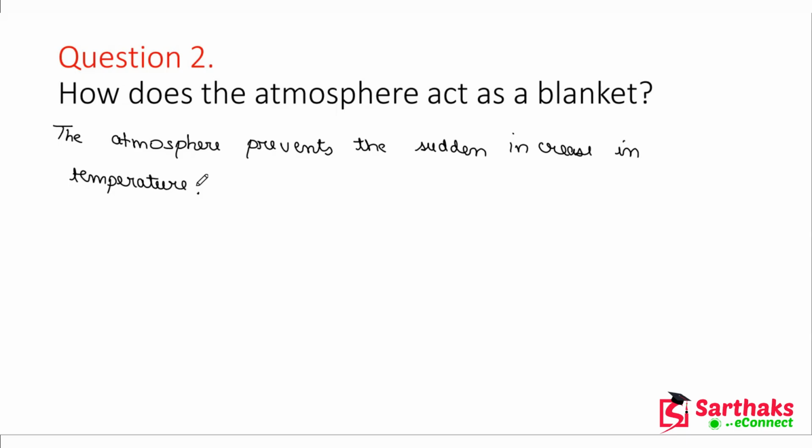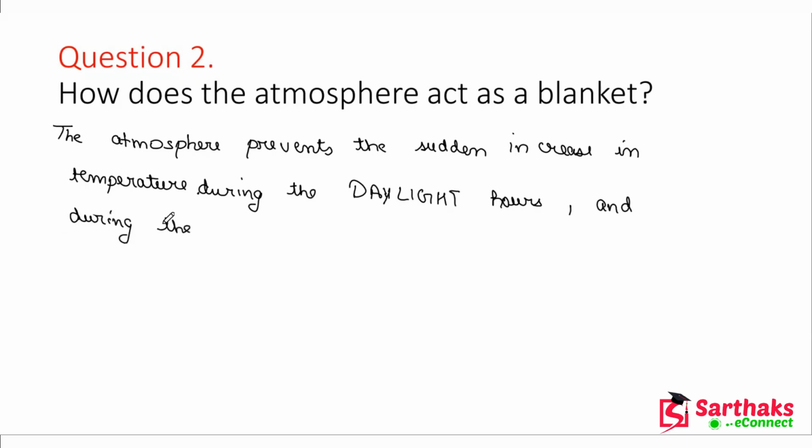The atmosphere prevents the sudden increase in temperature during the daylight hours, and during the night it slows down the escape of heat, that means it doesn't allow heat to escape into the outer space.